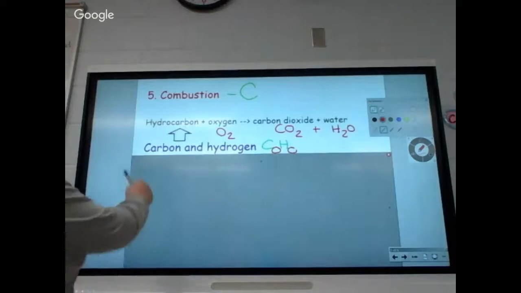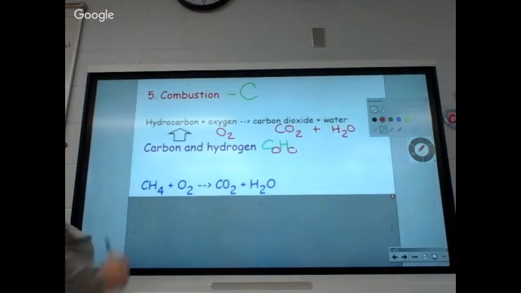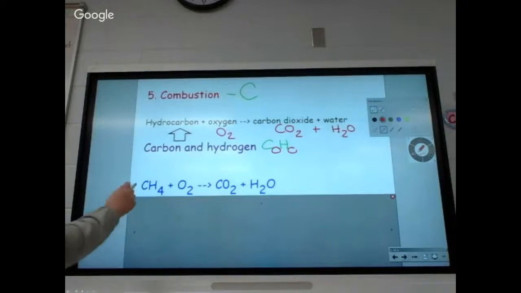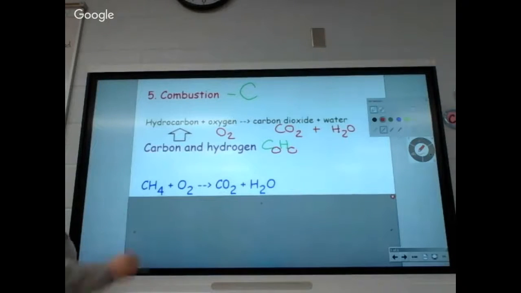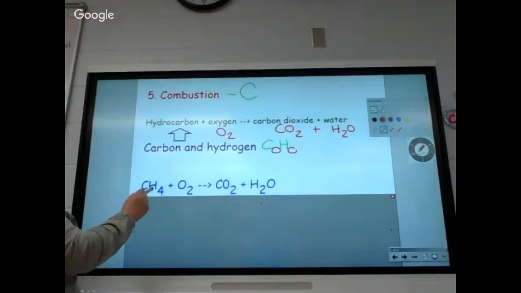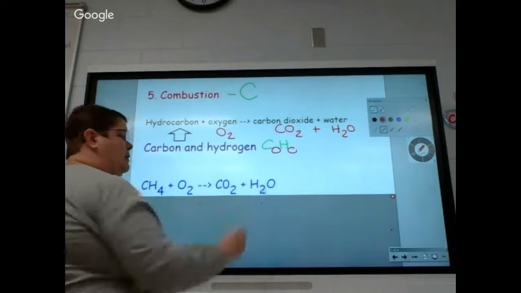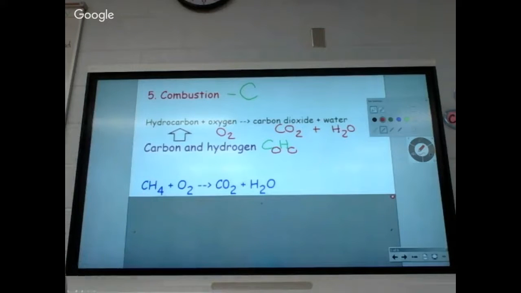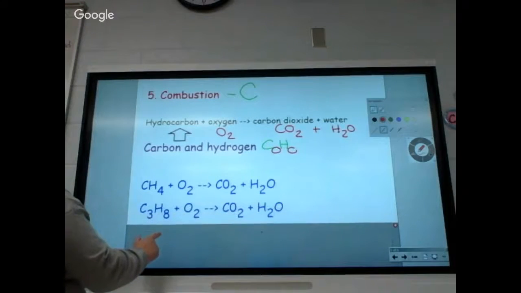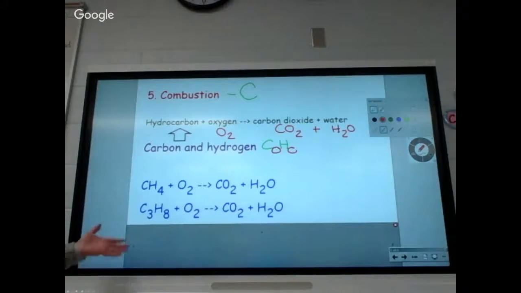Okay? So, this would be a combustion reaction. Why is it combustion? It's got carbon and hydrogen. What's it added to? What 2 things do you get? Okay, is this one combustion?